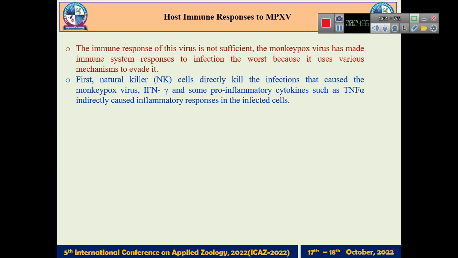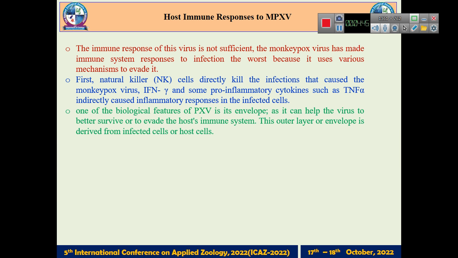First, natural killer cells, or NK cells, directly kill the cells infected by the monkeypox virus. IFN-gamma and some pro-inflammatory cytokines such as TNF-alpha indirectly cause inflammatory responses in the infected cells.